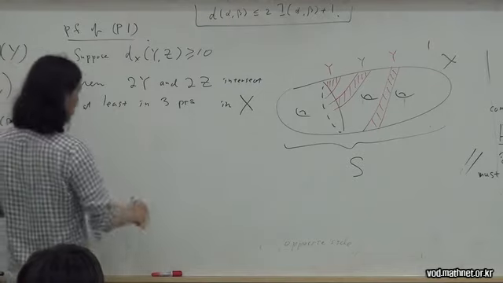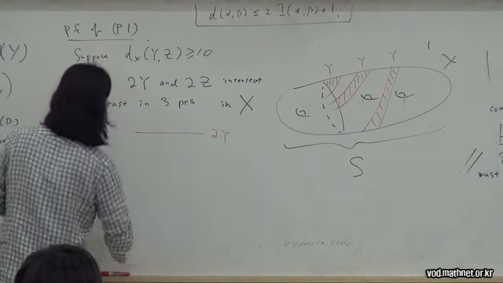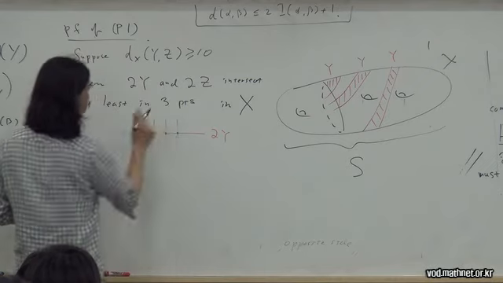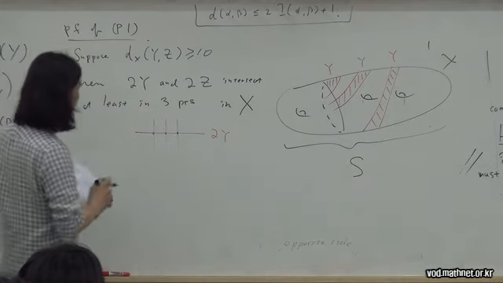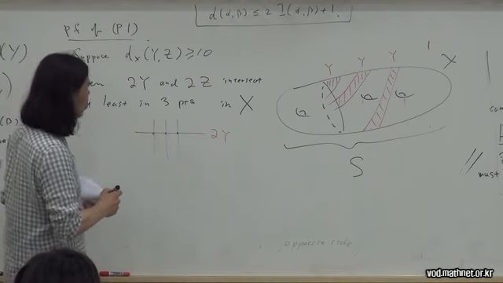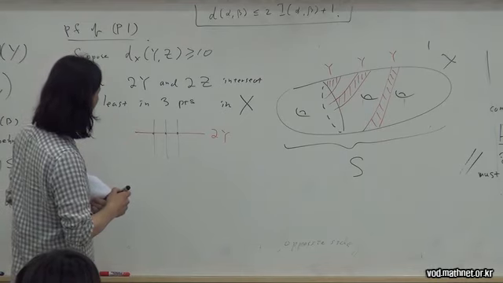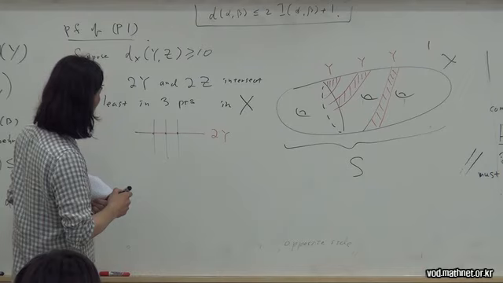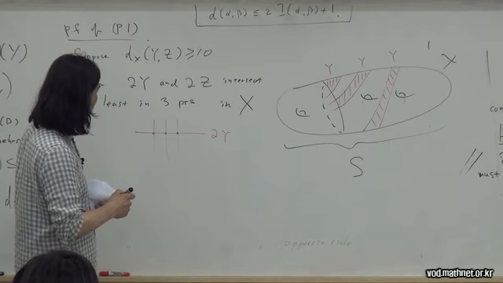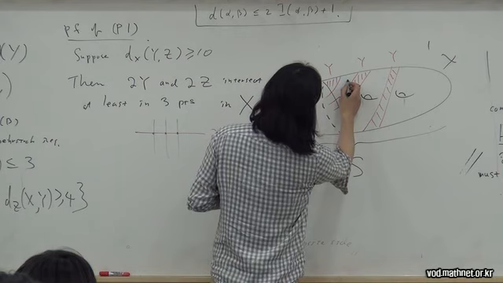But they're intersecting in at least 3 points, so you have a boundary of Y, and the boundary of Z is going through at least 3 points, and look at the 3 points next to each other, then, no, something is wrong.